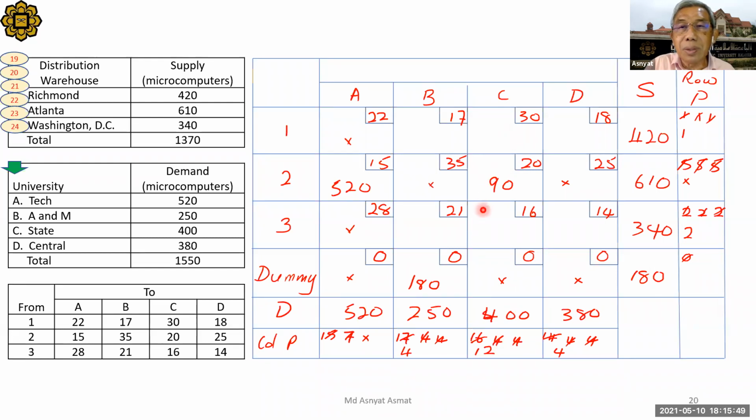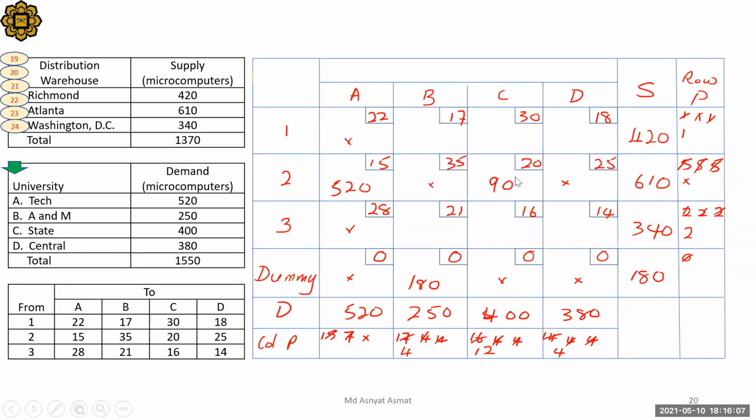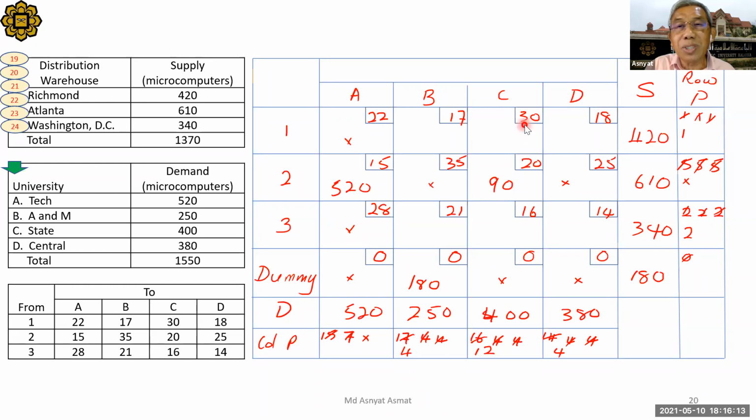So lowest cost. No, this one cannot. 16, 30. You are left with 16. Can supply 340, required 400. Why is it 12? I made a mistake. Should be 14.